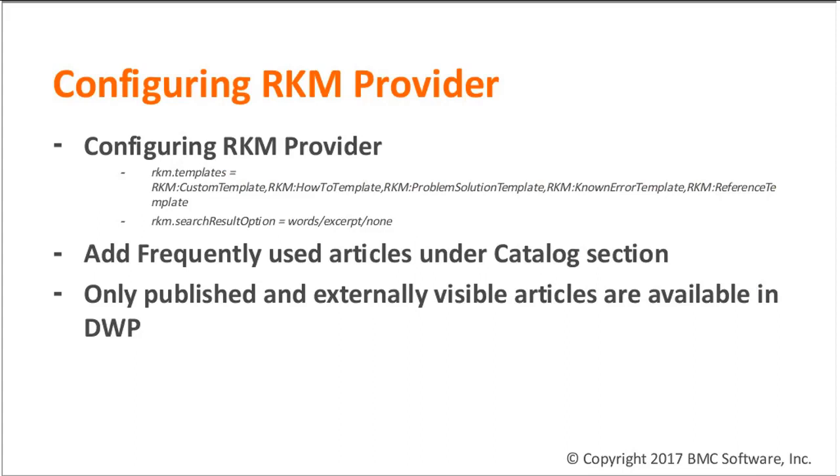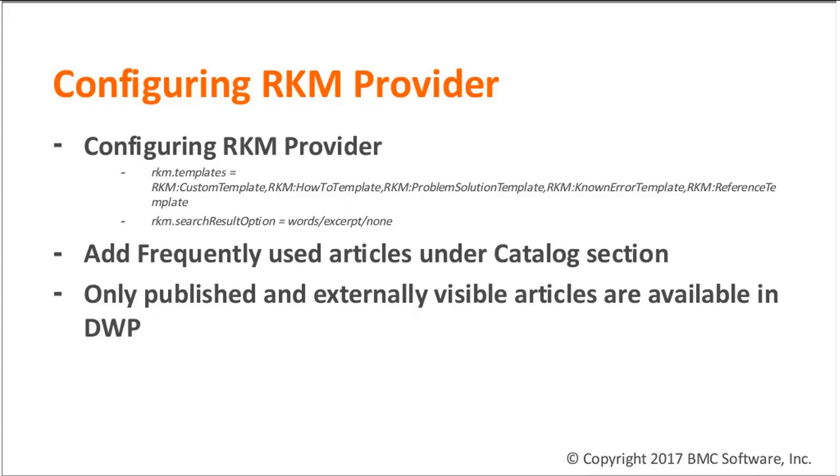Some of the functionality of RKM is needed for both Digital Workplace as well as Smart IT, which is why we are using the knowledge provider for Digital Workplace as well. So you need to make sure that both of these providers are enabled to work with knowledge management in Digital Workplace.